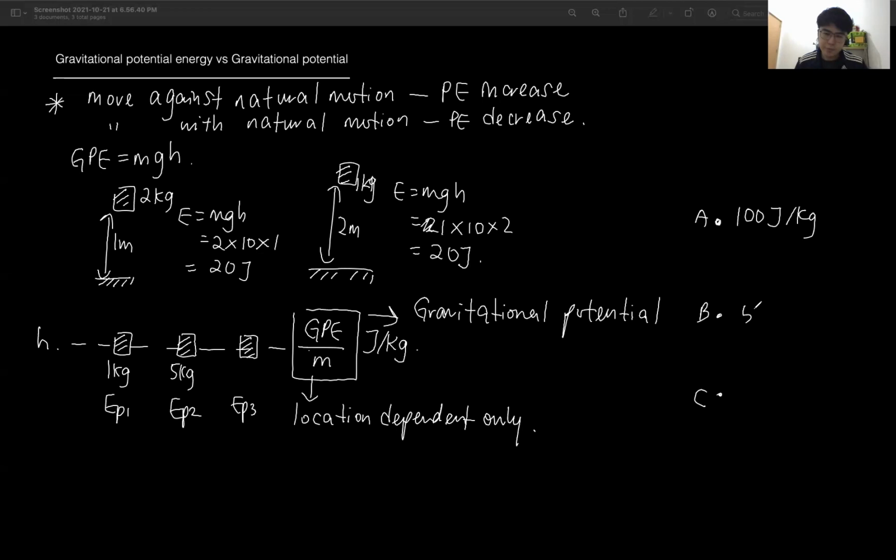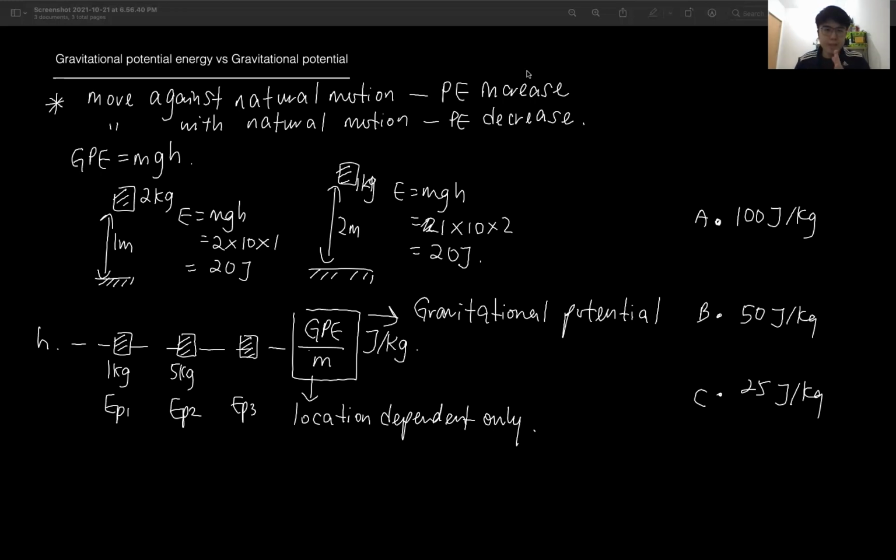Here is 50 joule per kg. And here is 25 joule per kg. All this shows the gravitational potential at specific points. Now we know that the higher the object is placed, the higher will be the gravitational potential energy, right? So the higher the location, the higher will be the gravitational potential.